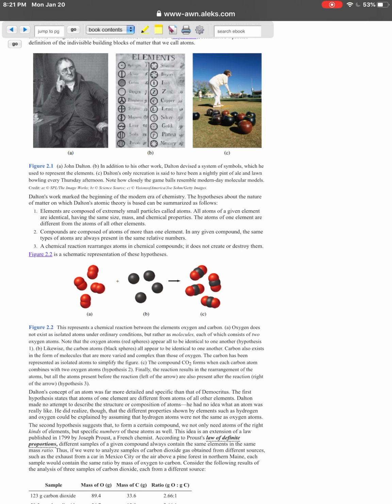And then what happens is during a chemical reaction, the atoms are rearranged in such a way that they become new substances. So for example, in this figure here, figure 2.2, it's showing a reaction occurring. So there are diatomic elements there, the red ones, reacting with a monatomic element and forming a compound.